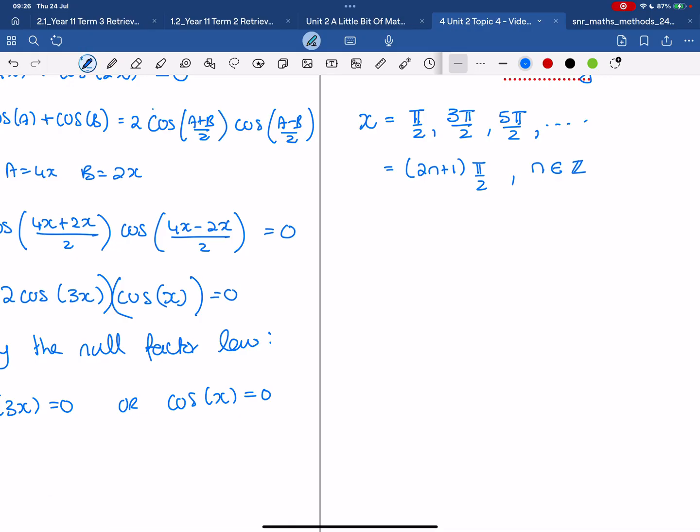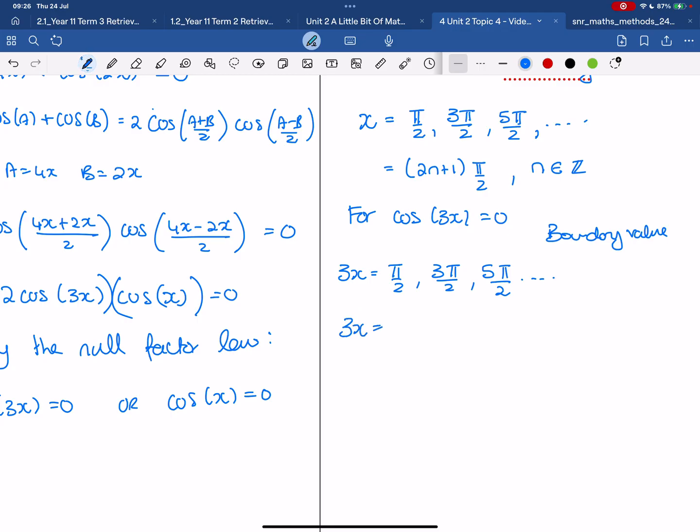And then let's look at cos of 3x equals 0. Well, again, we're looking at our boundary value. But in this case, it's going to be that 3x is equal to pi on 2, 3 pi on 2, 5 pi on 2, etc. So that means that 3x will be an odd multiple of pi on 2.